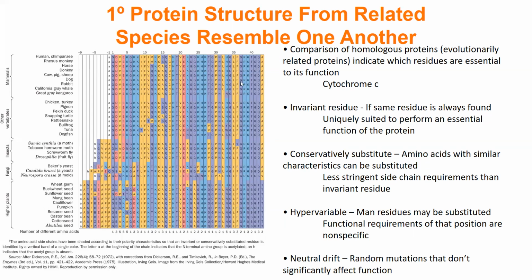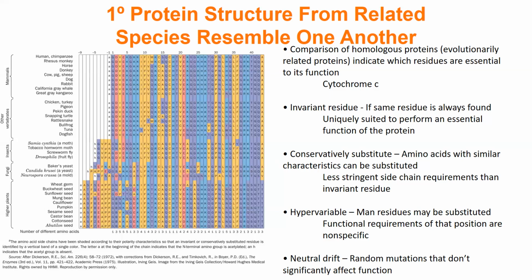If you remember all the way back on Wednesday, and if you're not sure what PowerPoint I'm on, it's the one that's really old now. It's what we finished on Wednesday, and we looked at this slide where we were talking about residues.